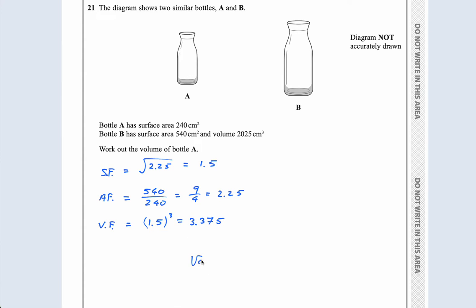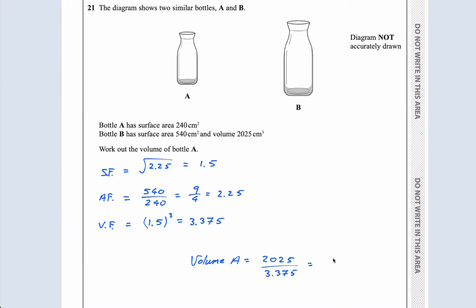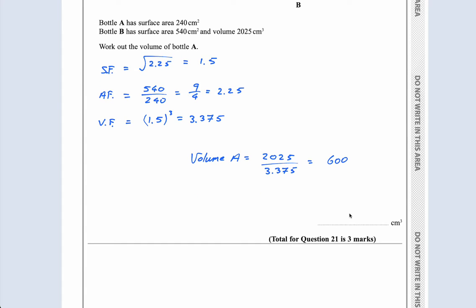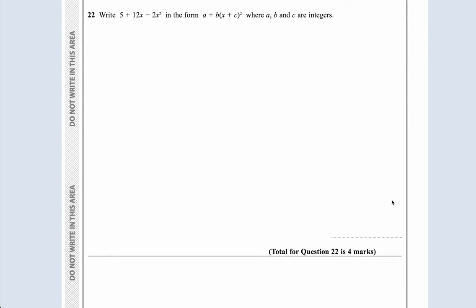So volume A is equal to 2025 divided by 3.375, and that gives me 600 exactly. Perfect. So this is 600 there, and we're done.